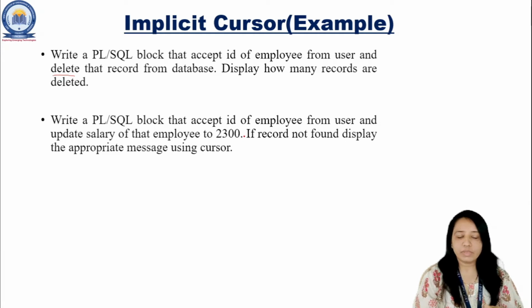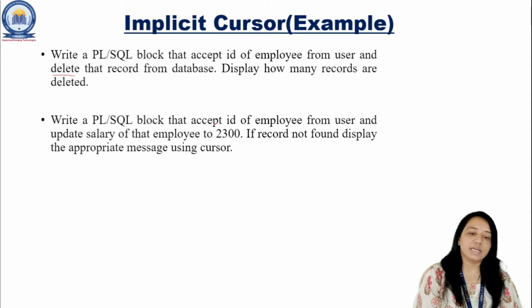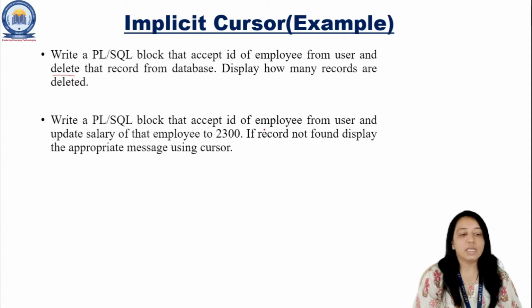The second program accepts the ID of an employee and updates the salary of that employee to 2300. Suppose I enter employee ID 105, then the salary of 105 will be updated to 2300. If that record is not found, meaning that employee ID is not available in the employee table, we print a message that it is not found. So let's see these two programs of implicit cursor.